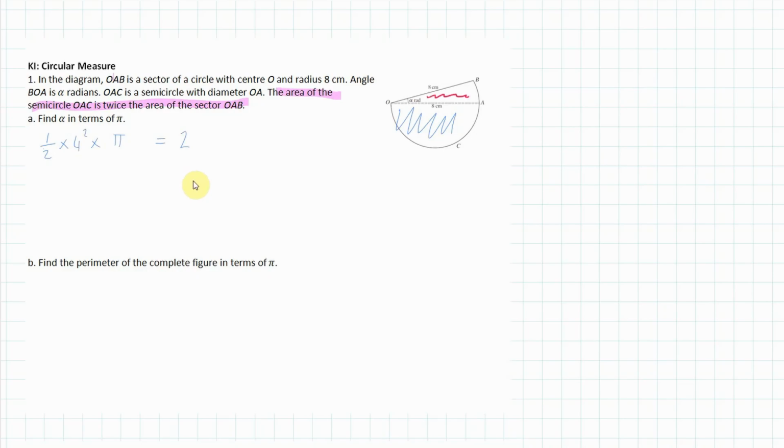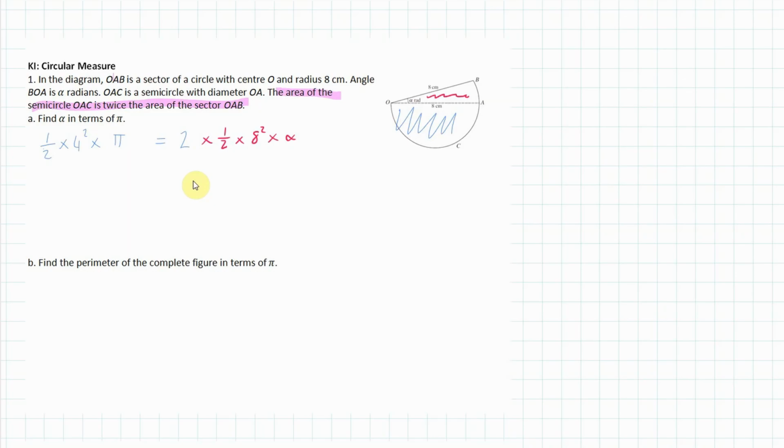So this top bit is 1 half r squared, so 8 squared in this case, times theta, which is alpha.